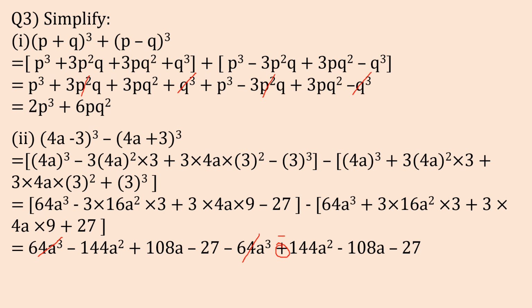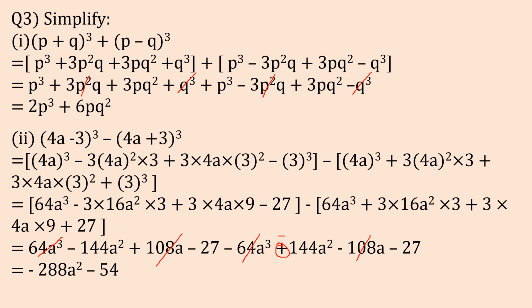Now here plus 108a minus 108a, so it will cancel, opposite sign. So we'll cancel these terms also, students. Now what is left? Minus 27 and minus 27. Both are with the same sign, so they will also not get cancelled. So our next step will just be to add up our like terms. So minus 144a square and minus 144a square will become minus 288a square. And minus 27 and minus 27 will become, students, minus 54.